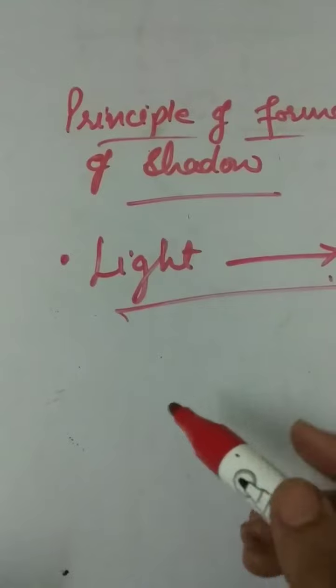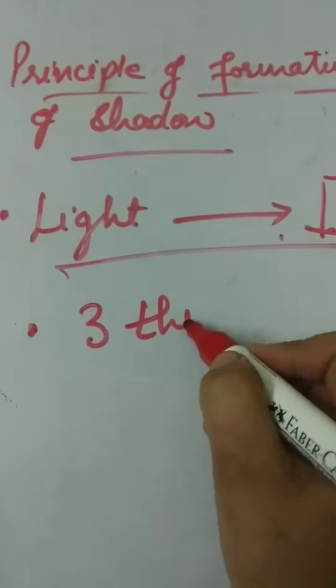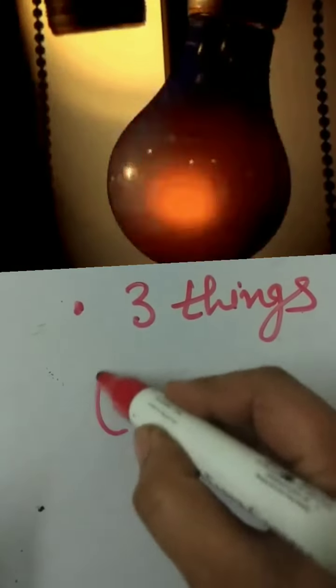Second, three things are essential for the formation of shadow. Which are the three things? First of all, a light source.